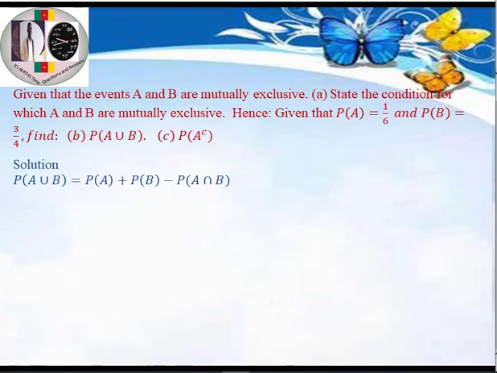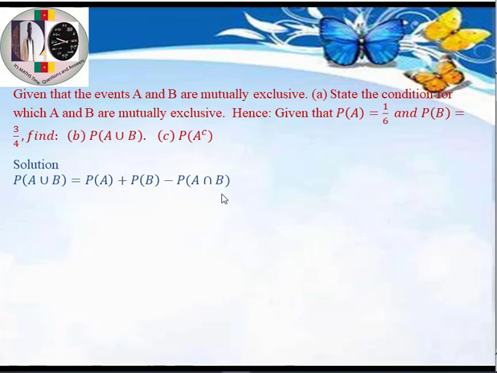But now if two events are mutually exclusive, meaning that the two events cannot occur at the same time, then the intersection of those two events is 0, because if they cannot occur at the same time, then A intersection B is 0.